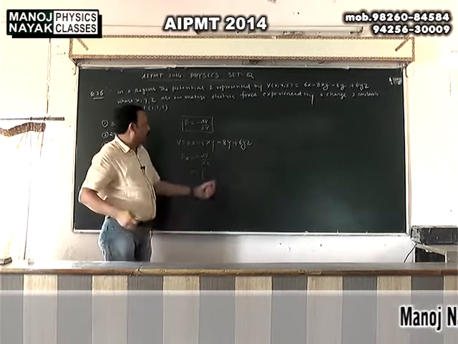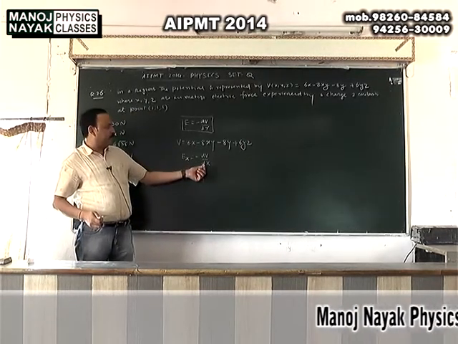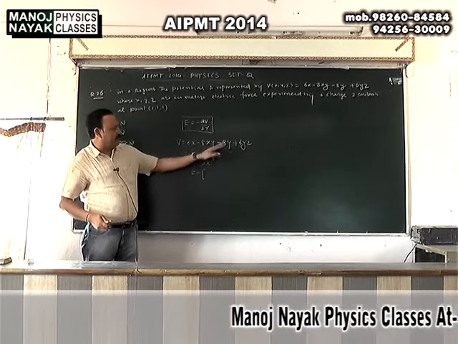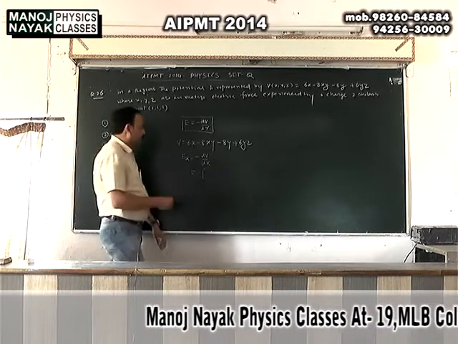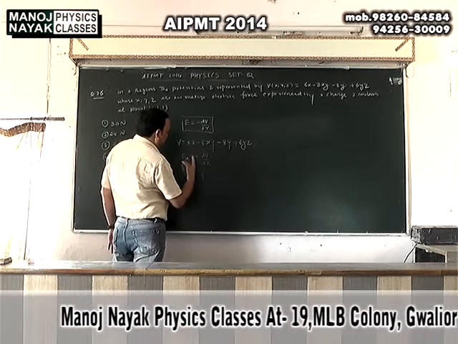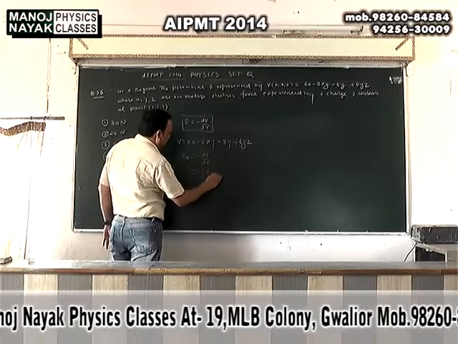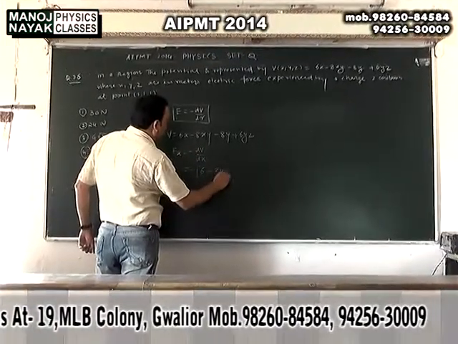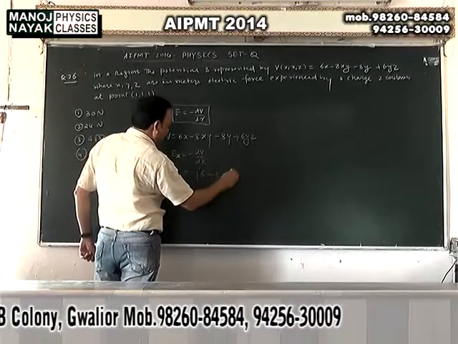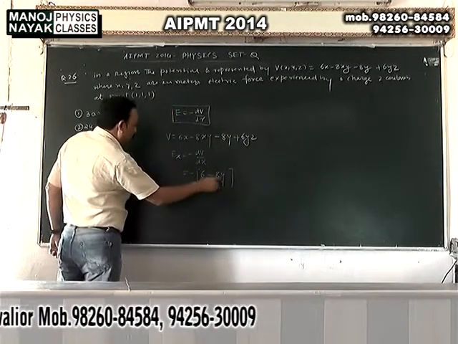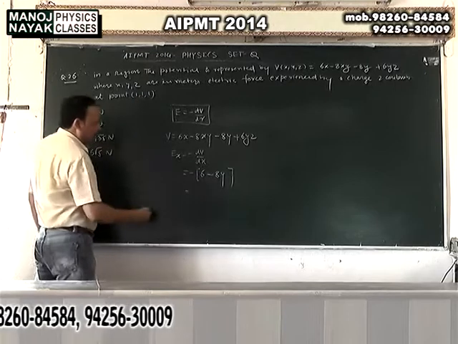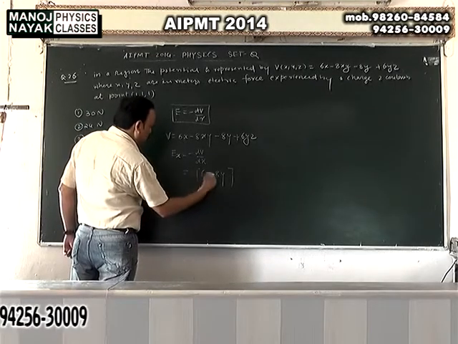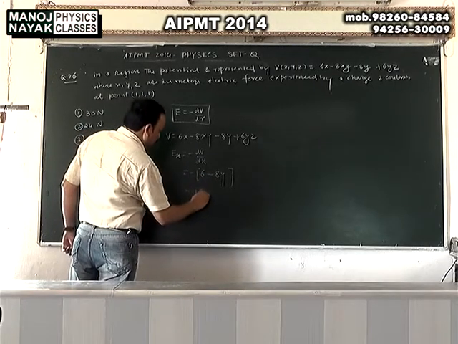Differentiate this equation with respect to x, rest of other two y and z remain constant. So differential of 6x is 6, differential of minus 8xy is minus 8y, and the rest of other two is 0. Put the value of y. Y is 1, so if you solve it, then we get plus 2.